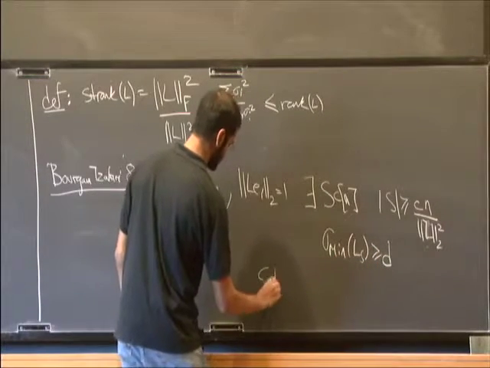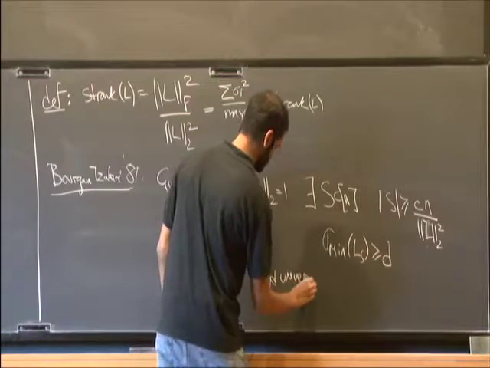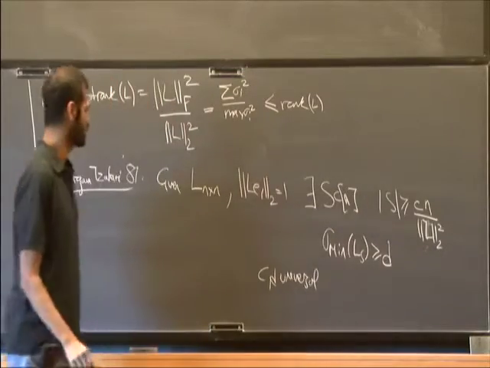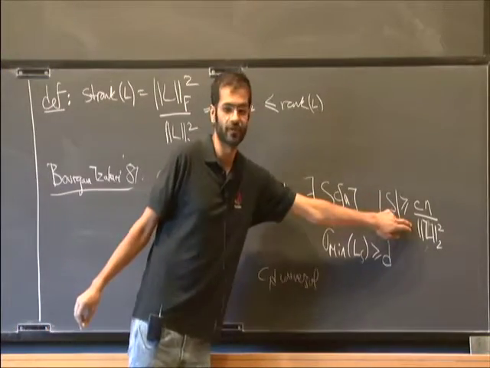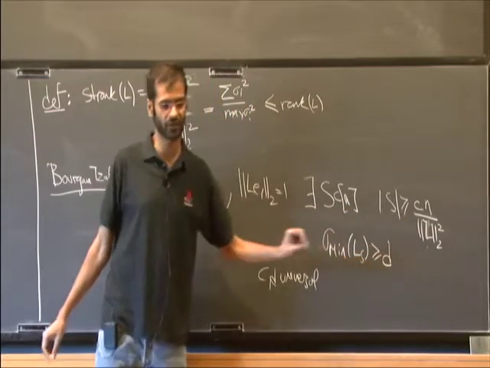So C and D are universal constants. Okay, so this is not exactly what we wanted. It says that you can get a set of size proportional to the stable rank, which is well invertible.